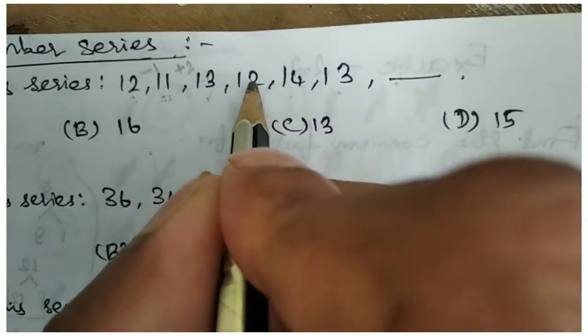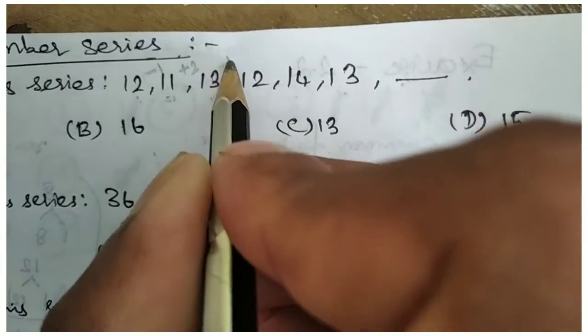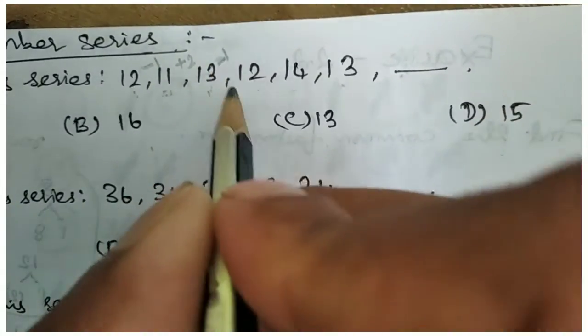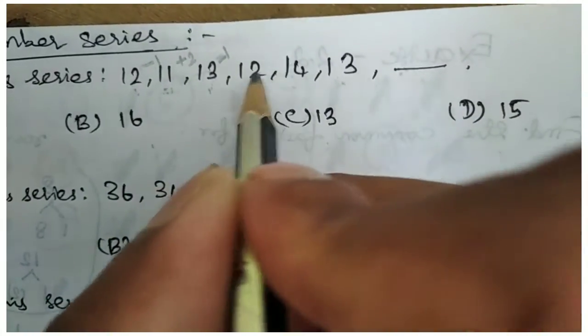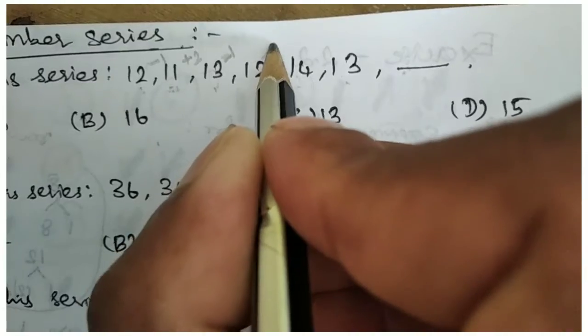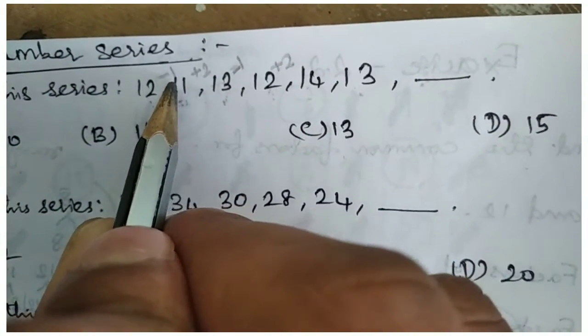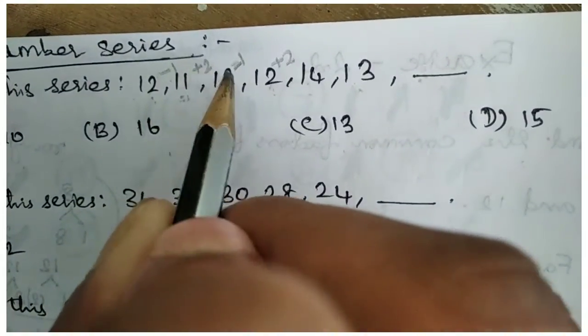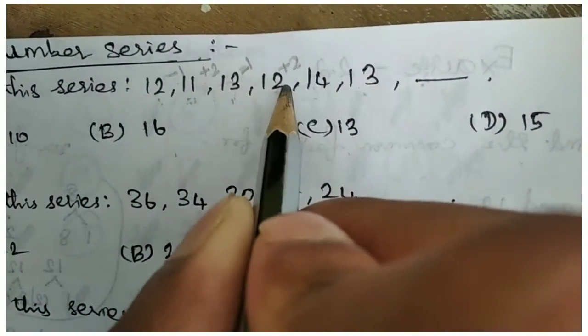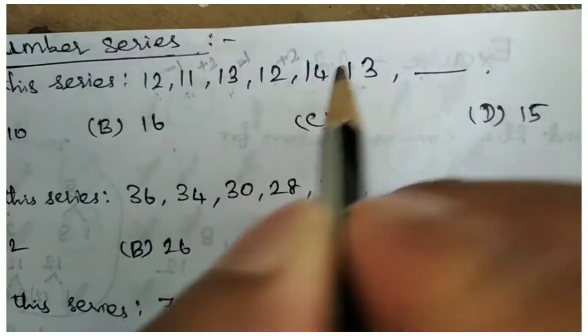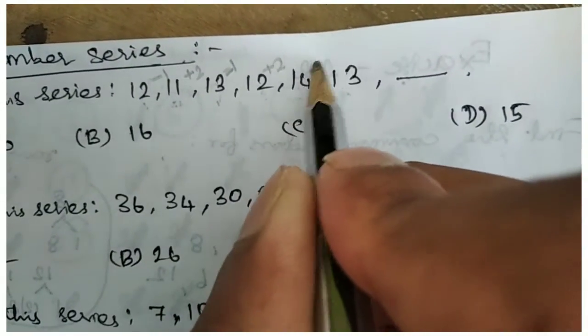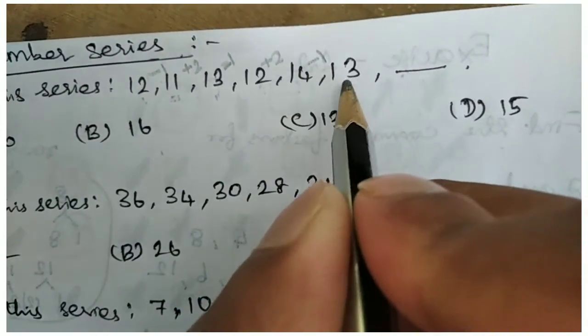Then again from 13 to 12 we have minus 1. So from 12 to 14 the 2 have been added. So you see there is a repetitive minus 1, plus 2, minus 1, plus 2, and you see 12 plus 2 is 14. So 14 minus 1, here 13 came.